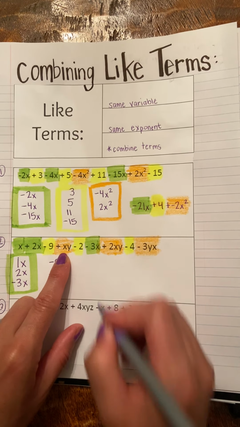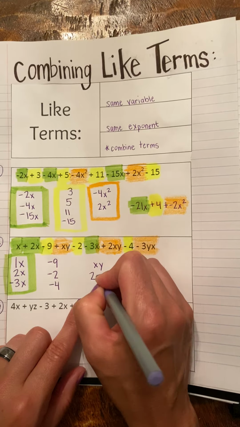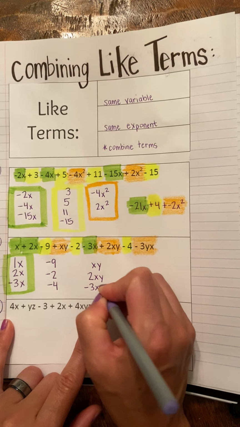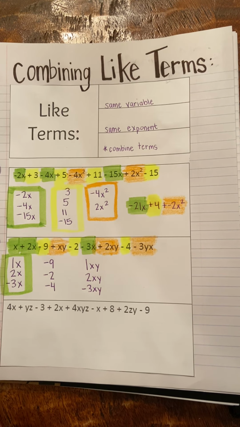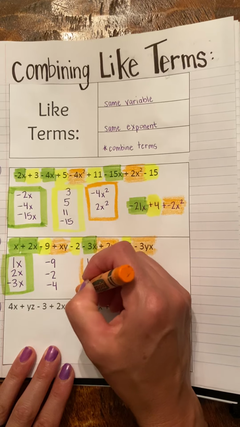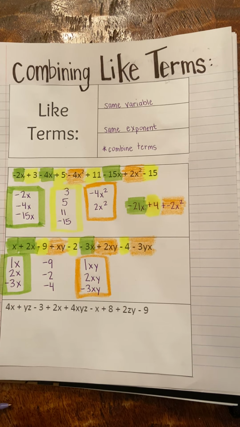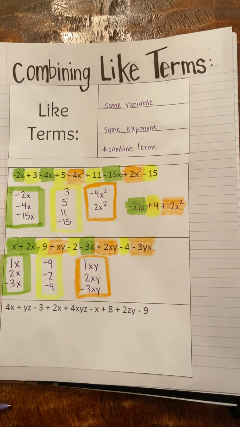And then we have xy, 2xy, and a negative 3xy. And again, that's just a 1. Okay? Stay organized. I can't tell you how important it is to stay organized when you're doing math.